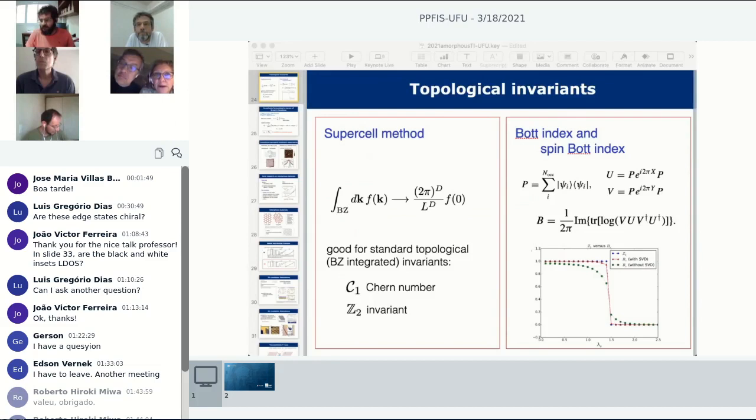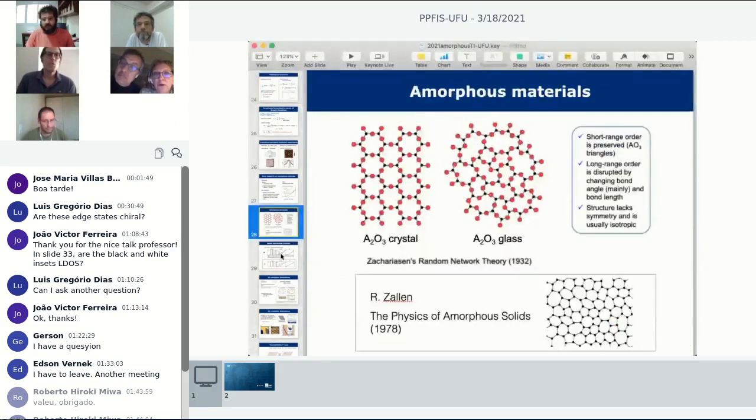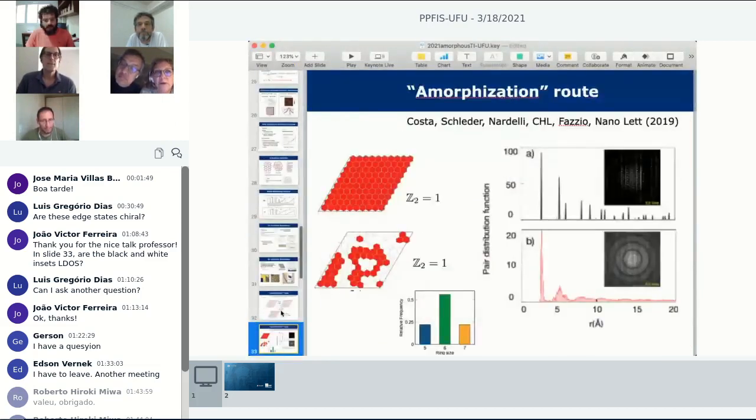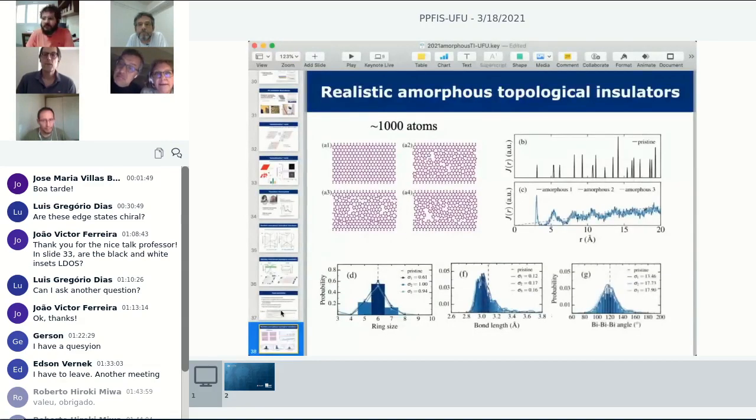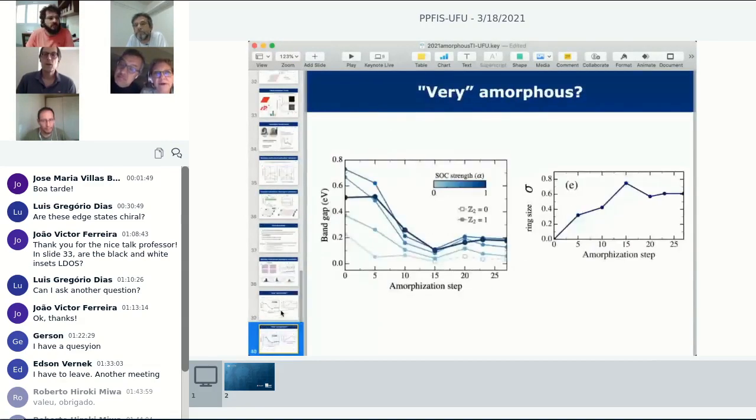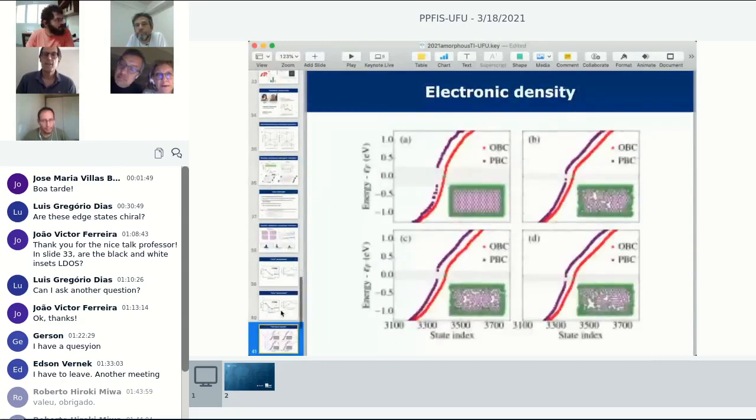Because I always wonder what's the difference between these topological surface states and the Tamm states or the standard surface states that people fought with many, many years ago.